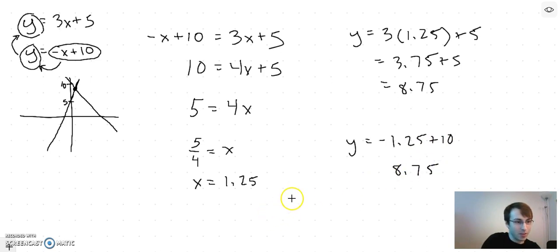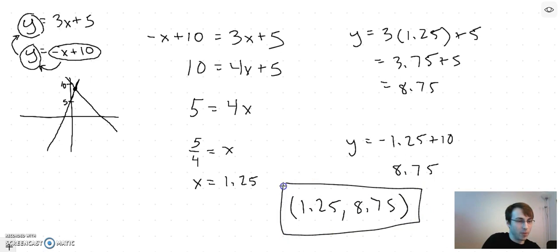Cool. So our solution is 1.25 comma 8.75. That works for both of them. So that's the method of substitution. You eliminate one of the variables this way by substituting in for it.